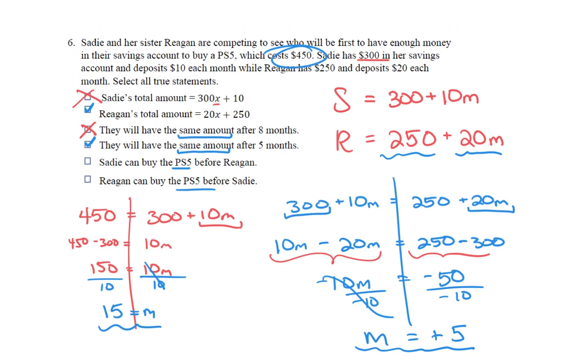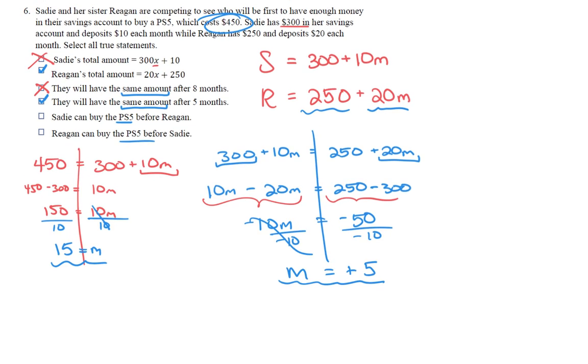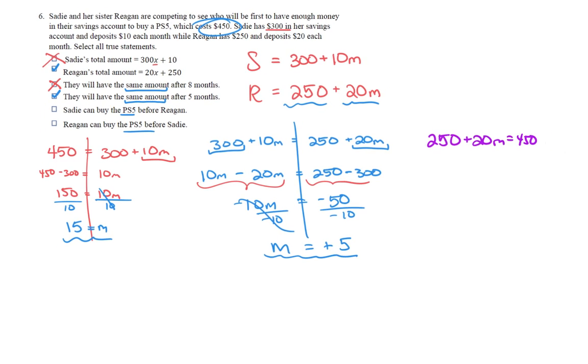All right, I need some more room to work. All right, let's talk about Reagan. Let's go purple for Reagan. So Reagan, let's see, she is 250 plus 20m equals, and she needs $450 for that PlayStation.